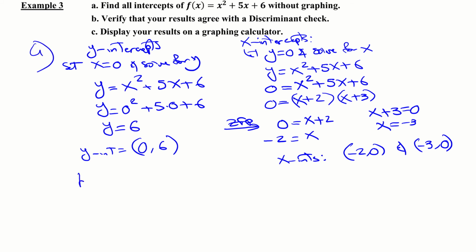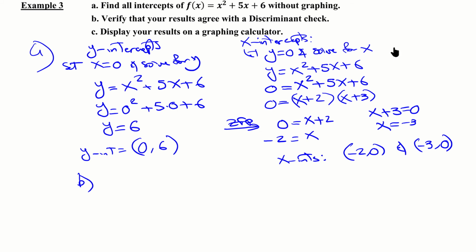For part B, we were asked to see if these results, the fact that we have two x-intercepts, agree with the discriminant check, and that means this happens when the discriminant is positive.